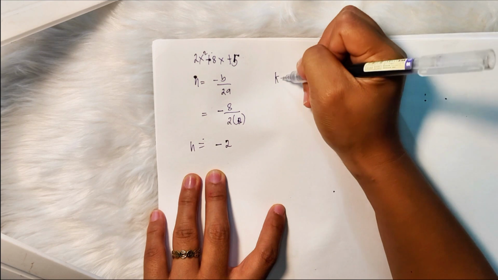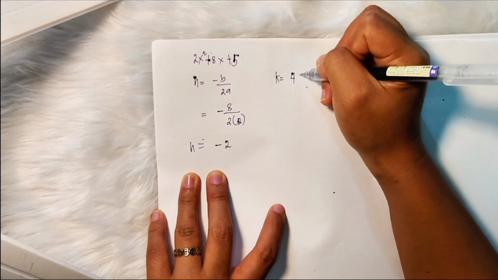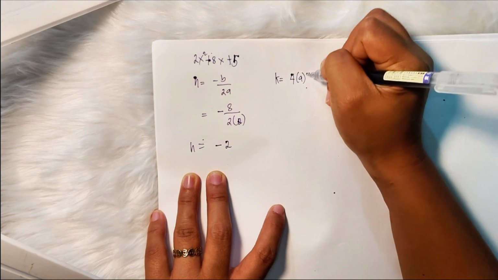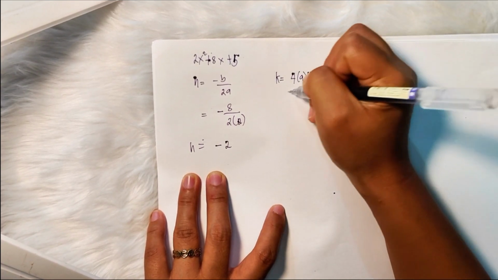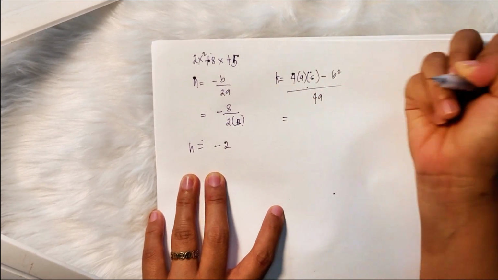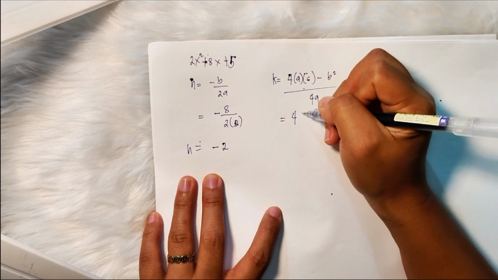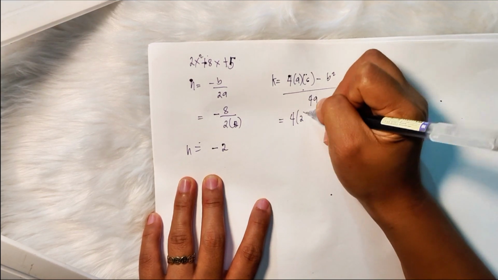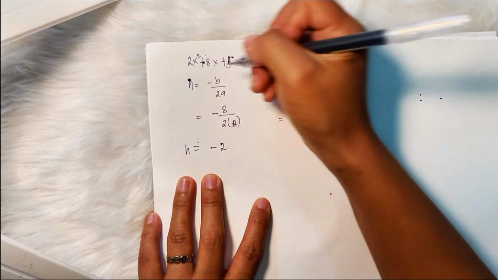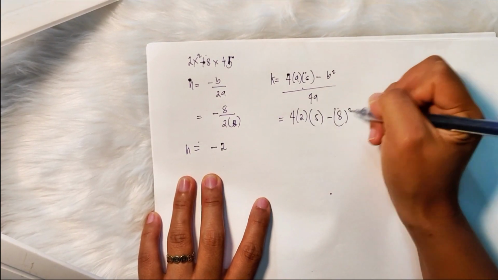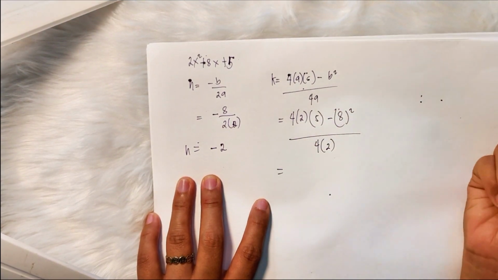And for our k, we have k is equal to 4 times a times c minus b squared, divided by 4a. So let's solve: our a is 2, times c, which is 5, minus b, 8 squared, divided by 4 times 2.